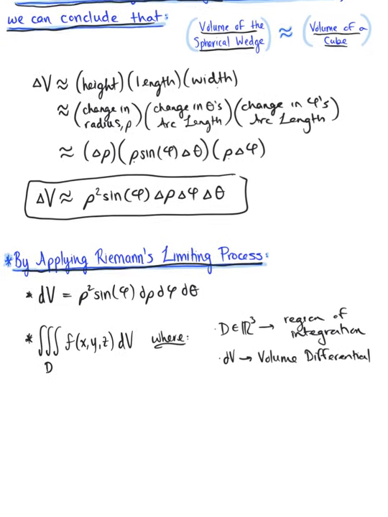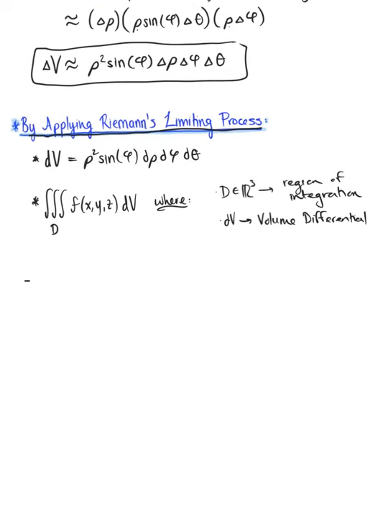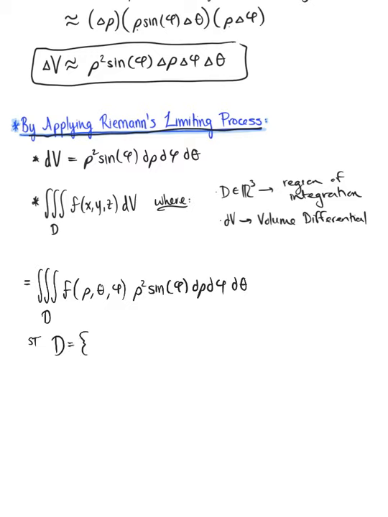So let's give ourselves plenty of room. So this is now going to be equal to the triple integral over that region of integration D of a function now in terms of spherical coordinates. So f of rho theta phi multiplied by that volume differential, rho squared sine of phi d rho d phi d theta.